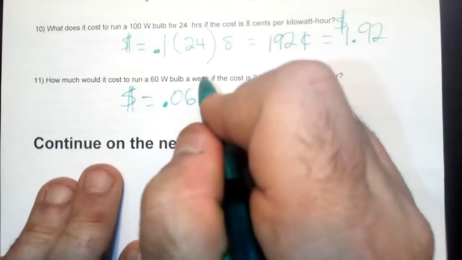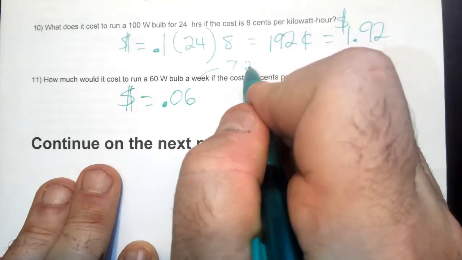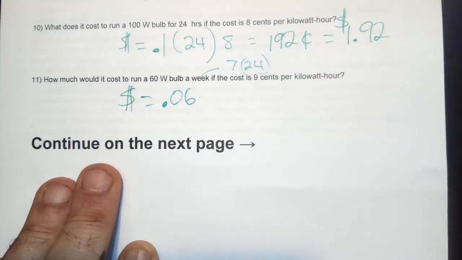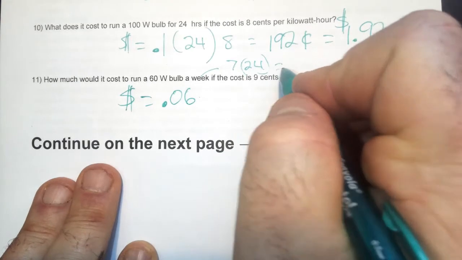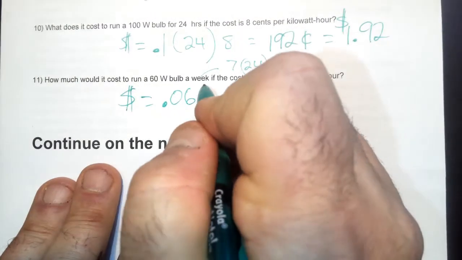The cost is going to be the kilowatts, 0.06, times the time. The time is going to be 7 days times 24 hours each day. 7 times 24 is going to be 168 hours. And then the rate is 9 cents.